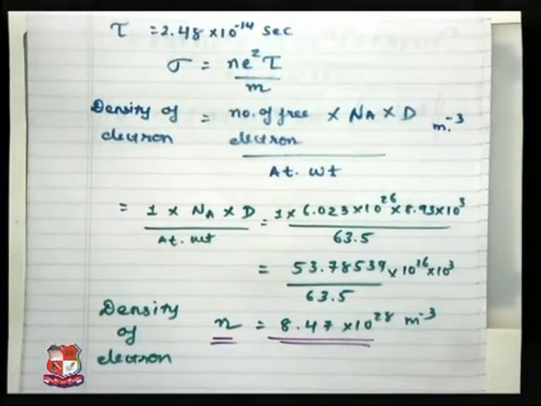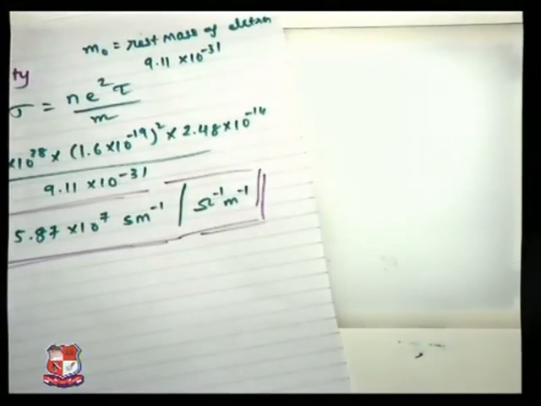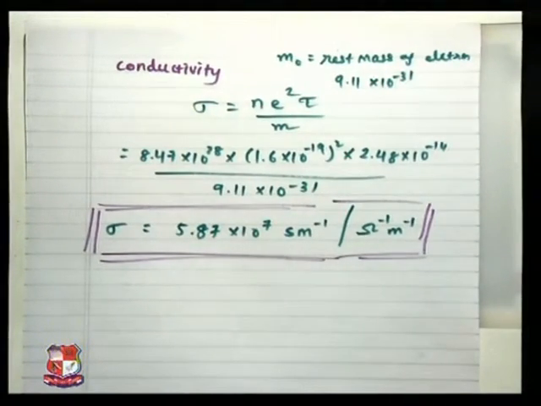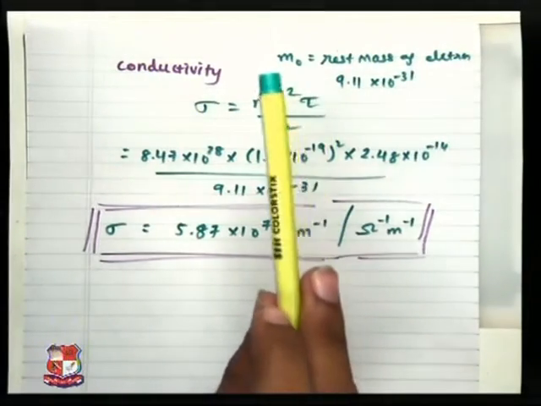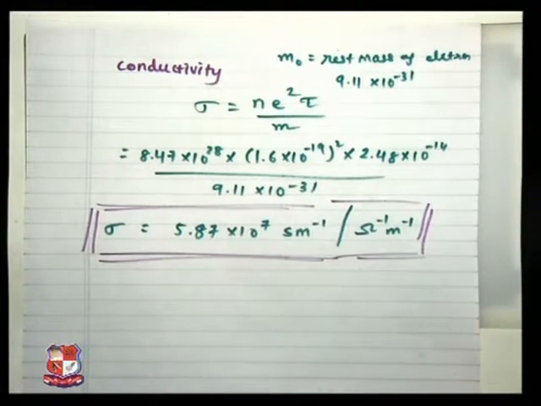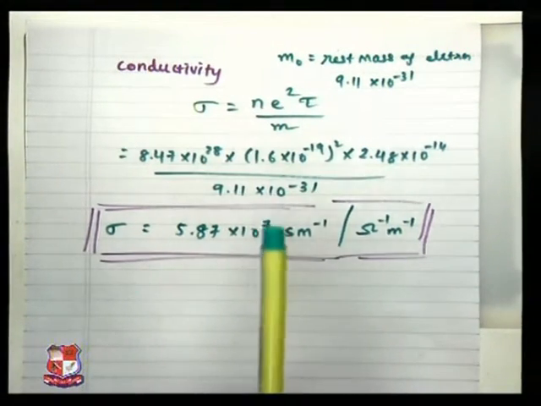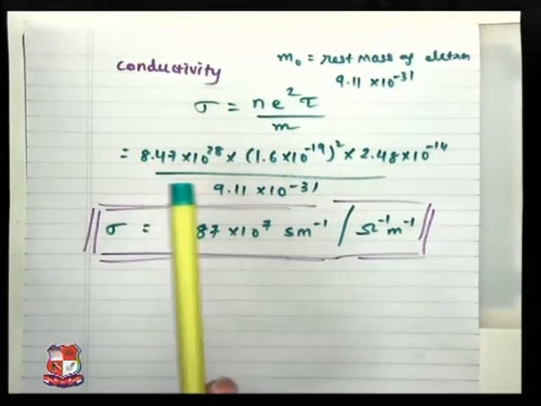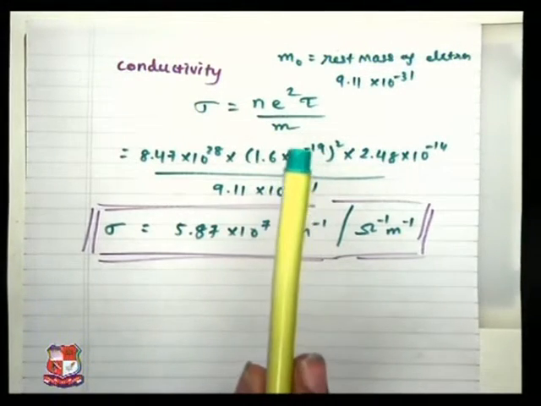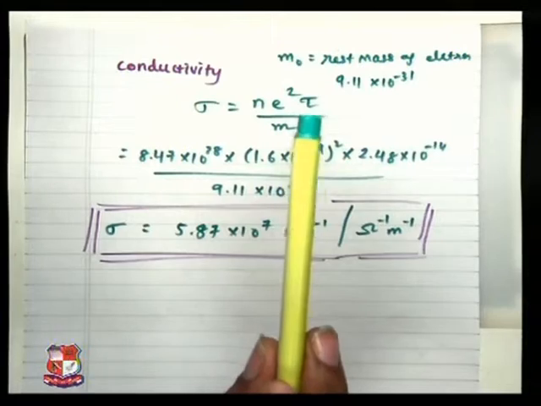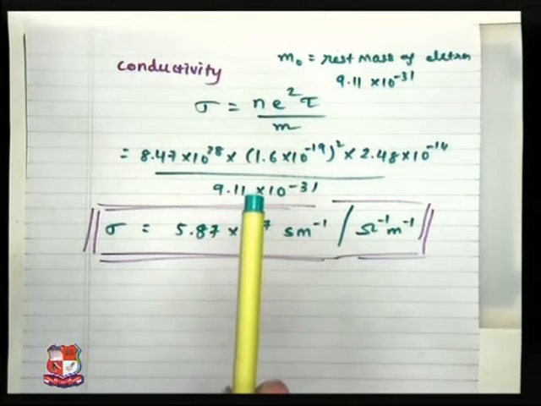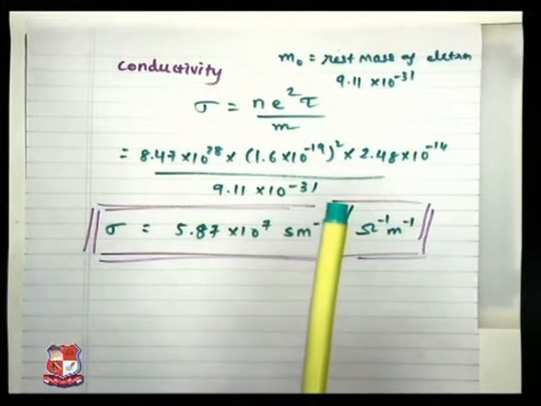Here m is the rest mass of electron, that is 9.11 into 10 raised to minus 31 kg. Sigma is equal to n E square tau upon m. We substitute the value of n, then 1.6 into 10 raised to minus 19 for E, tau that is 2.48 into 10 raised to minus 14, divided by the rest mass, 9.11 into 10 raised to minus 31.